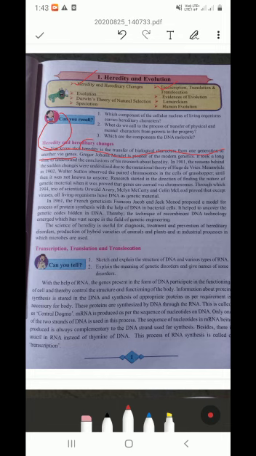Heredity is the transfer of biological characters from one generation to another via genes. This is nothing but heredity.